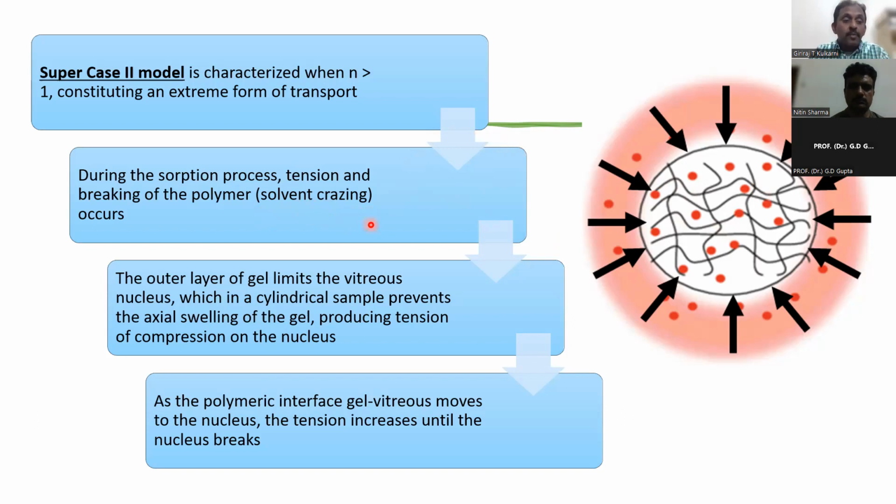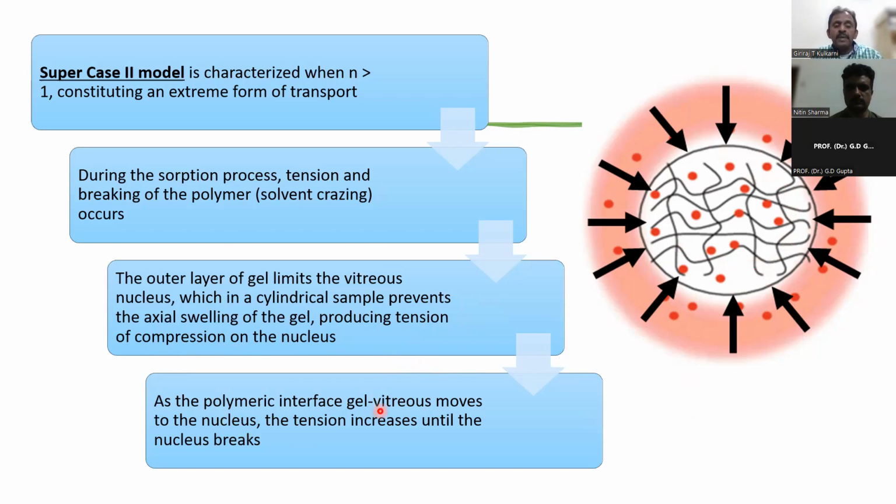It will absorb faster. The outer layer of gel limits the vitreous nucleus, meaning the inner dry portion, which is a cylindrical sample, and prevents axial swelling of the gel. It does not allow swelling, producing tension of compression on the nucleus. This nucleus will be under pressure, compression from the gel side, which is outside.